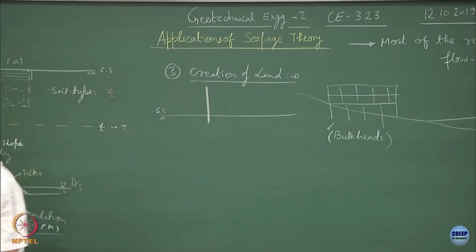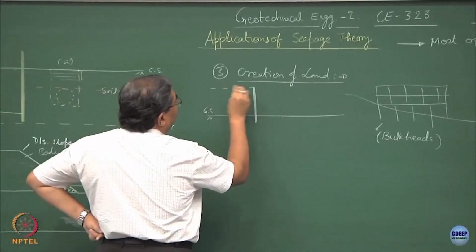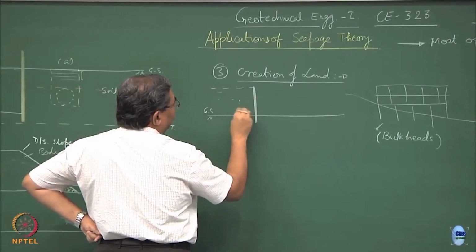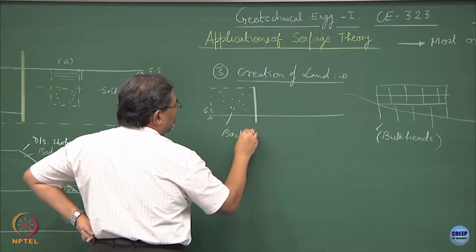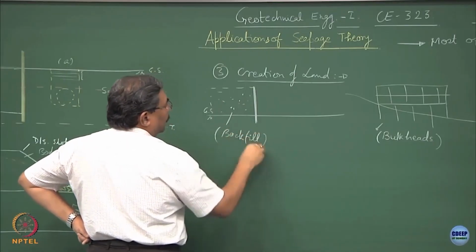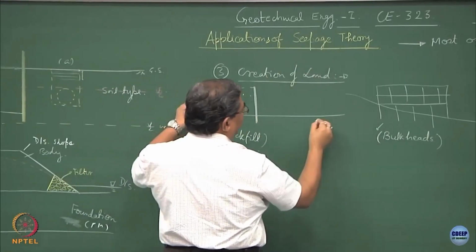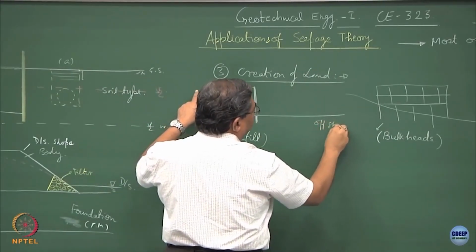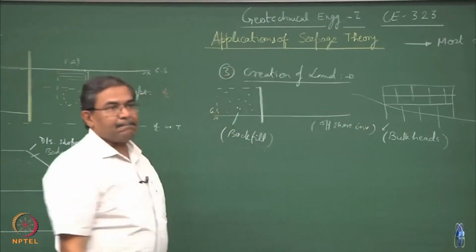Again I will use sheet piles and I will fill up on this side. So, this becomes my backfill, and this becomes my pad on which I can create something, and this is the offshore environment. Is this okay? This part is clear?